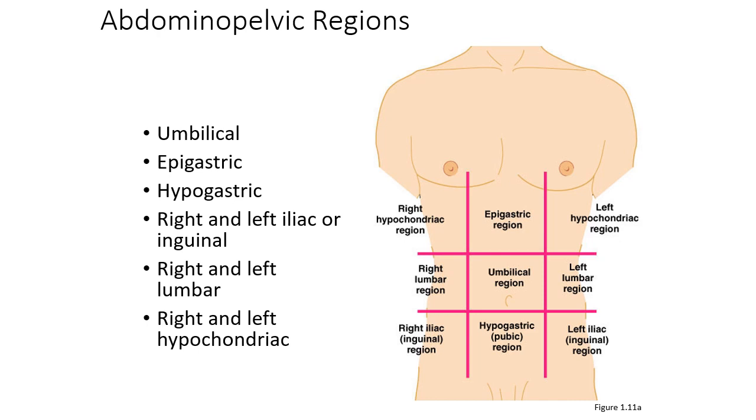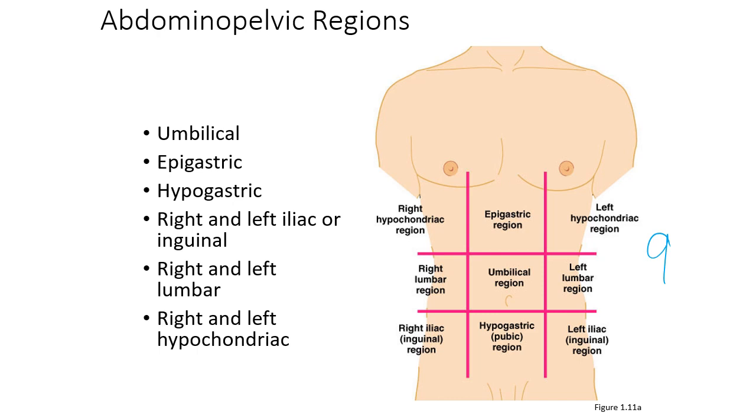When it comes to the abdomen and pelvis, we divide the abdomen and pelvis up into abdominal pelvic regions, or we can do it into quadrants. Regions allow us to divide it up into smaller areas, and so we end up with 9 different regions, named based upon the region of the body that we're in for each one.